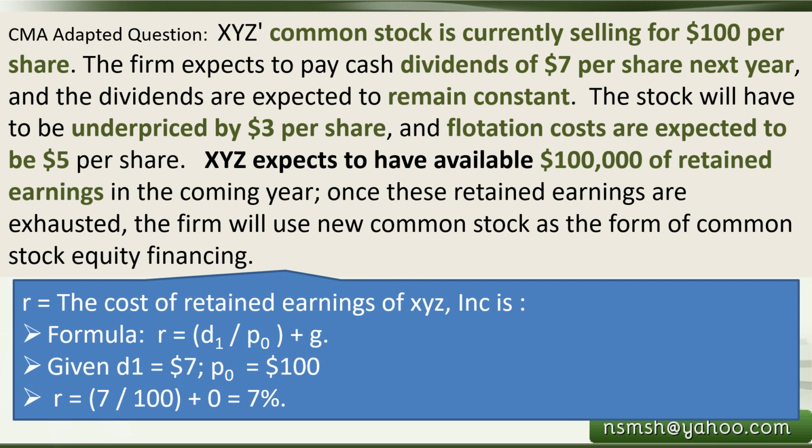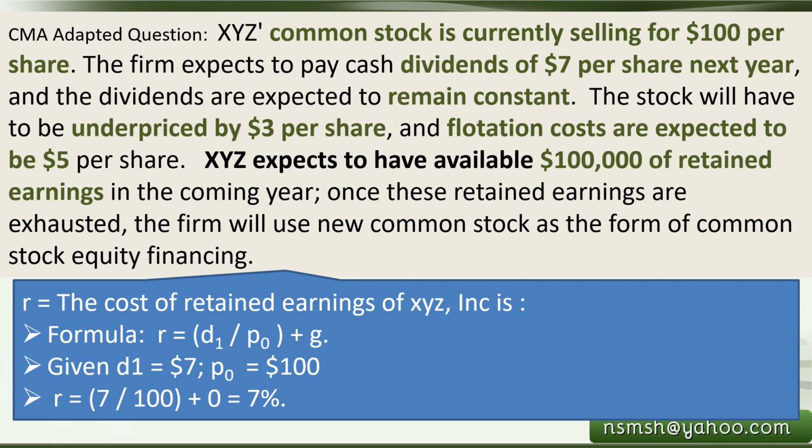It is given by the formula that the rate of return is equal to D1, the expected dividend, divided by P0. So you take the expected dividend payable for the common stock, because it is within the group of common stock.